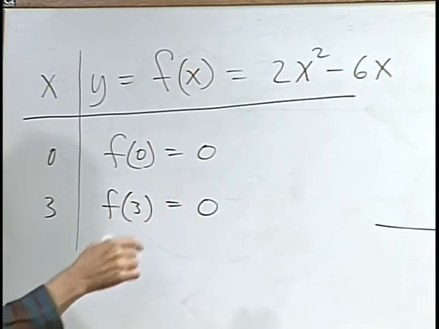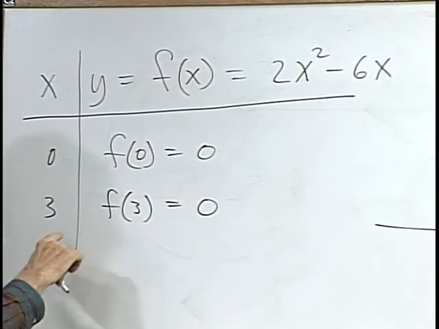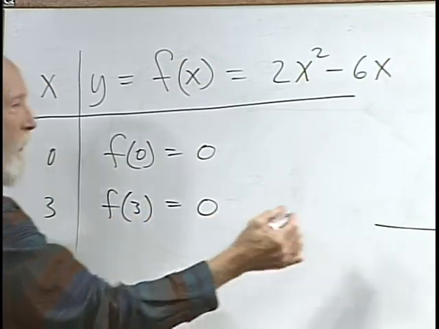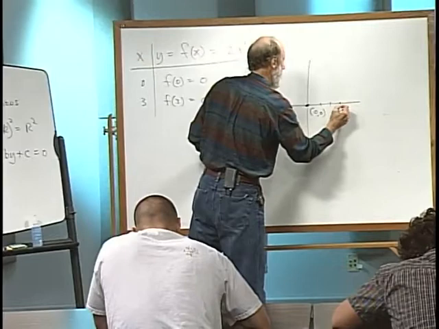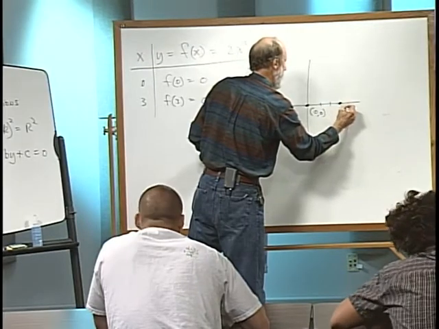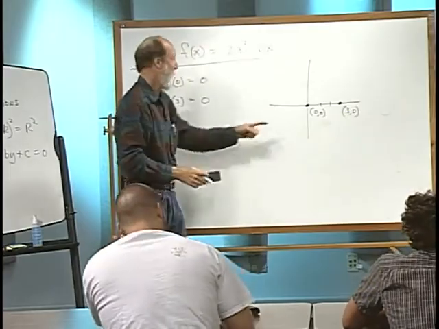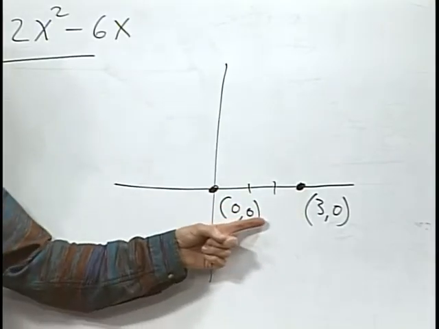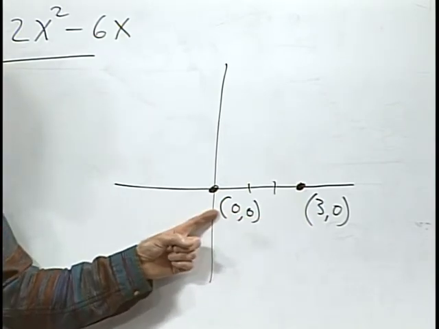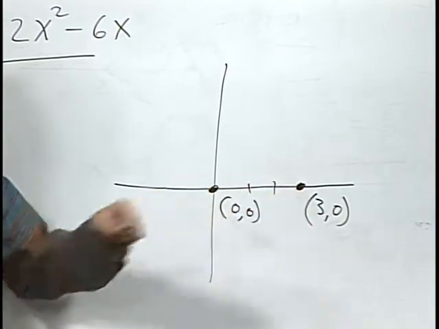Where's that on this picture? 3 on the x. 3, it's an x-intercept, isn't it? Right here. Notice the way I label points. I'm trying to model good behavior, okay? If I'm drawing it and I'm laying down a point, I label it.